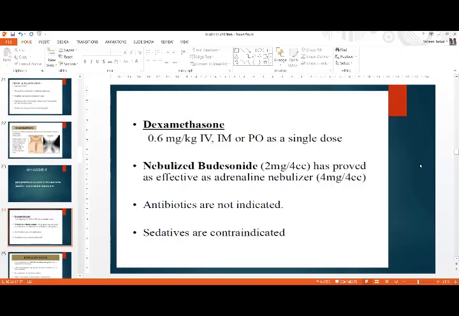Nebulized budesonide has proven efficacy. Antibiotics and sedatives are not at all indicated. You are not supposed to give antibiotics because it's a viral, self-limiting illness, and sedatives are also highly contraindicated. You will not give any cough suppressant or sedative to the child.